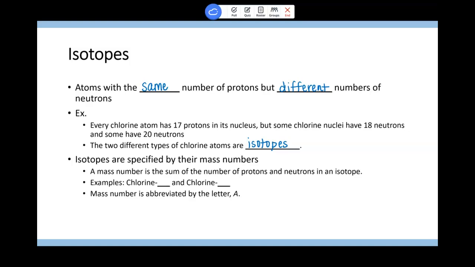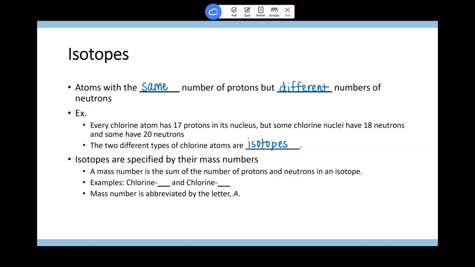So we say these are isotopes. And we can specify which isotope we are talking about by the mass number for each element, where the mass number is the sum of protons and neutrons in an isotope. If we have chlorine with 18 neutrons, we know chlorine always has 17 protons.